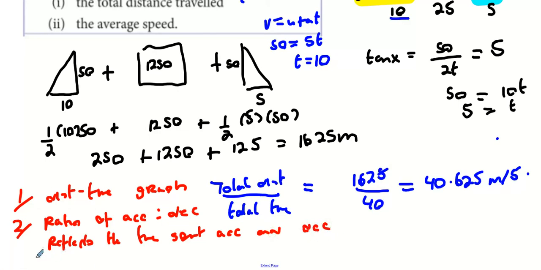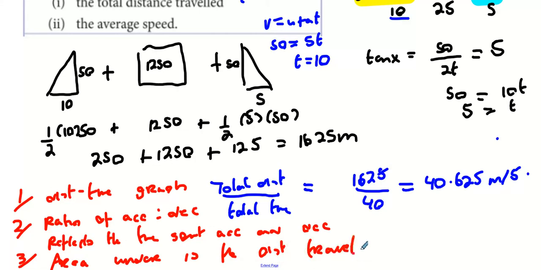What's the third thing we learned? Area under the graph is what? The area under the graph, which is the triangle plus the rectangle plus the other triangle, is the distance traveled. Okay? So we learned a lot.